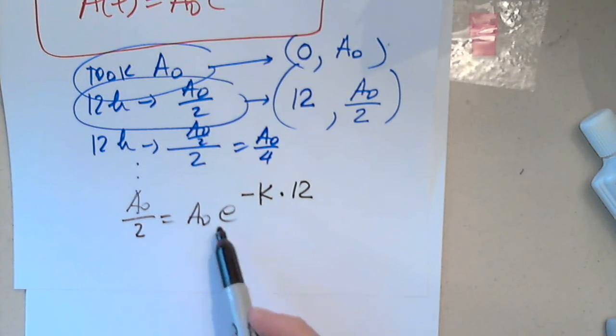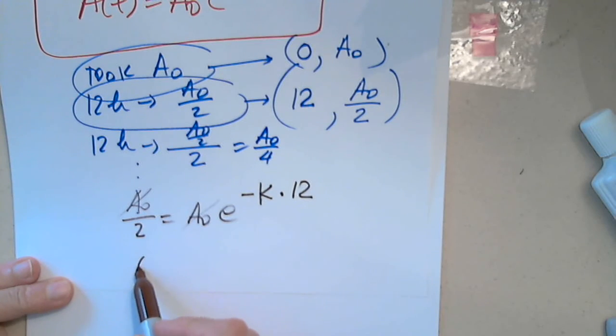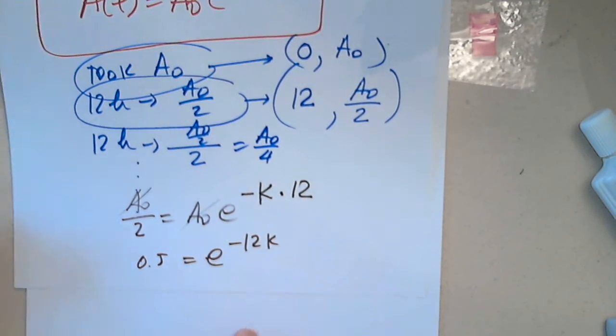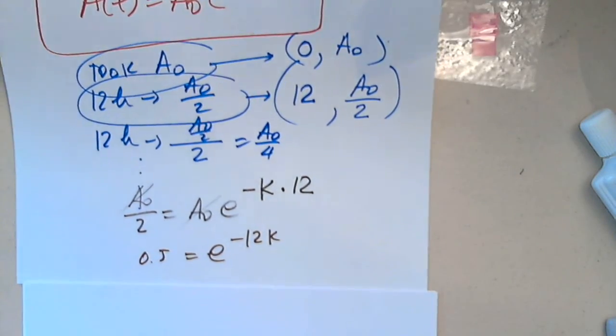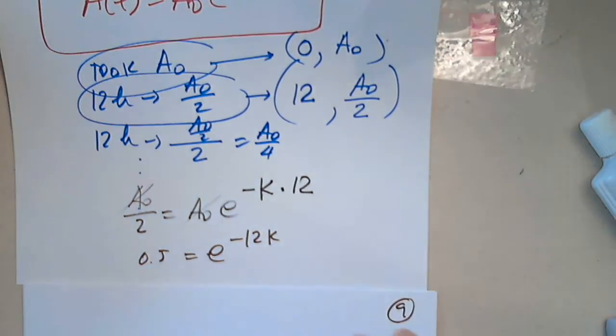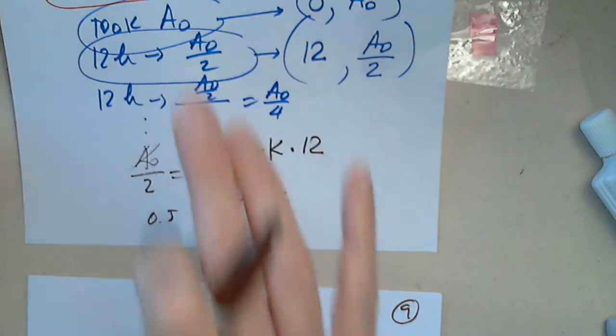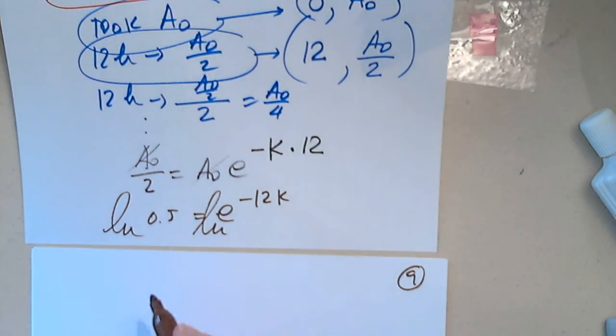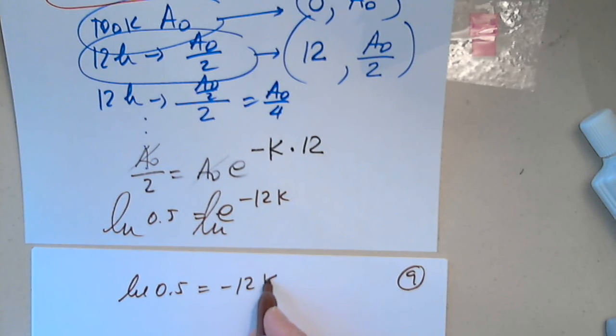I will divide both sides by A0. I don't have it, I don't care what it is anyway. So then the left hand side is 0.5, the right hand side is e to negative 12k. And I'm back to the same procedure like 5 minutes ago. Apply natural log. So natural log 0.5 equals negative 12k, and I found k.